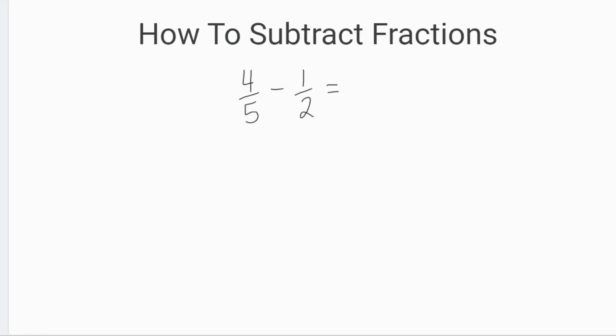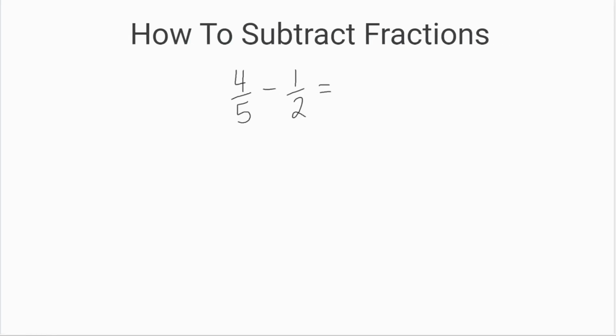Now I'll write this in one cohesive slide so we can see it all work out together. So we started with 4 over 5 minus 1 over 2. And our first step was to find the common denominator, in which we found it was 10.